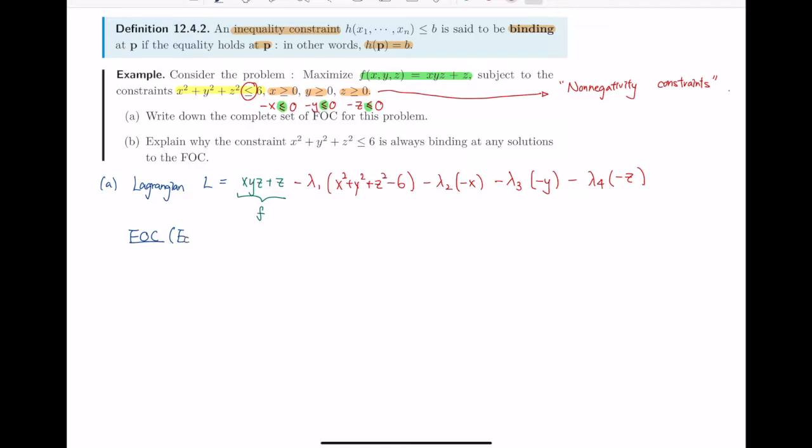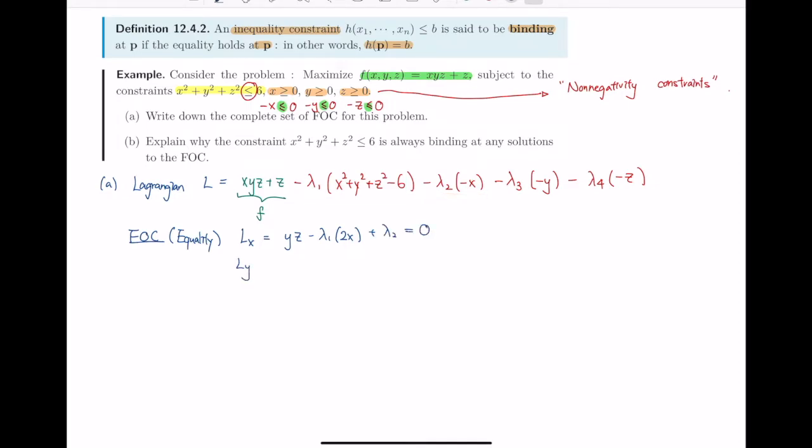The first kind is equality, and they're given by the derivatives of L with respect to x, y, z respectively. So Lx equals yz minus lambda 1 times 2x, and then minus lambda 2 times minus 1, so plus lambda 2, equals 0.